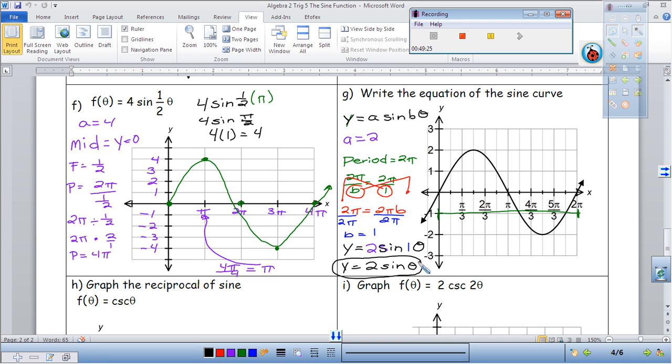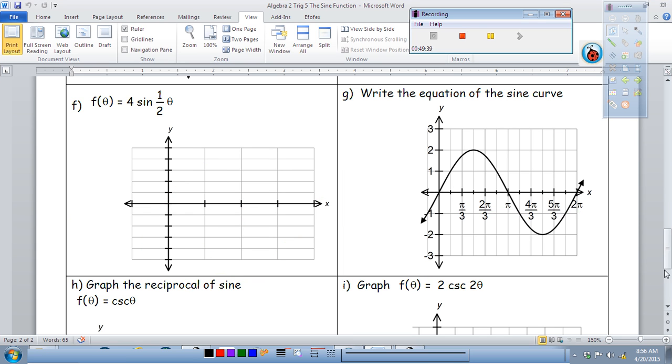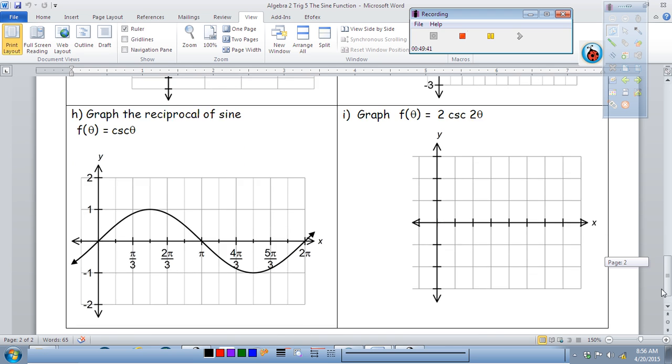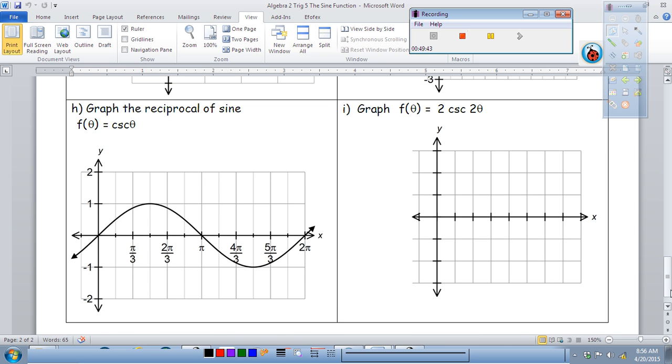Okay, now we're going to graph the reciprocal of sine. Cosecant. Everyone turn to someone close to you and tell them the formula for finding the period. Talk to each other for a second.